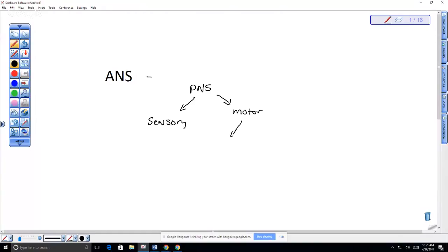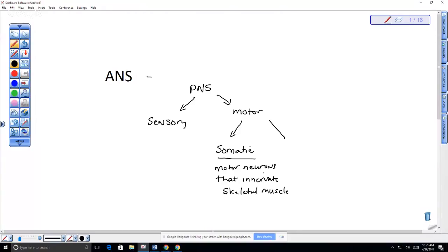So the motor division can be broken down into somatic. So this involves motor neurons that innervate skeletal muscle. Okay, so that's the somatic division of the motor nervous system.